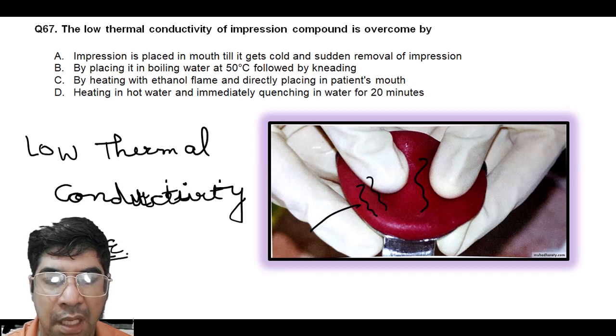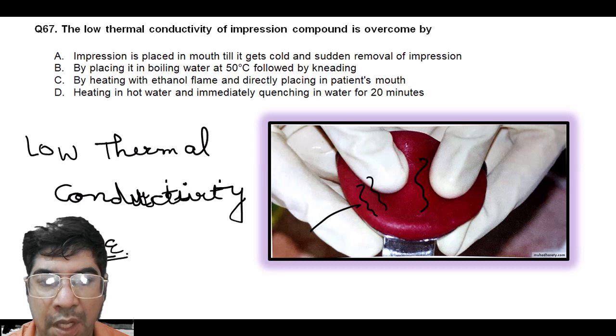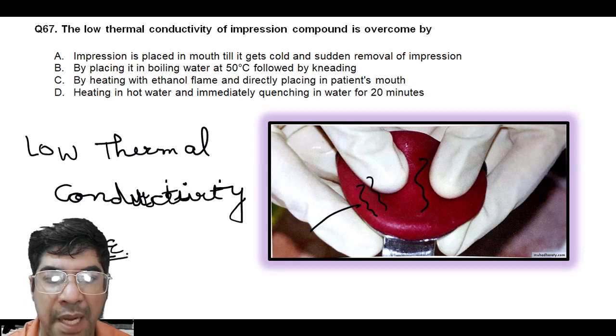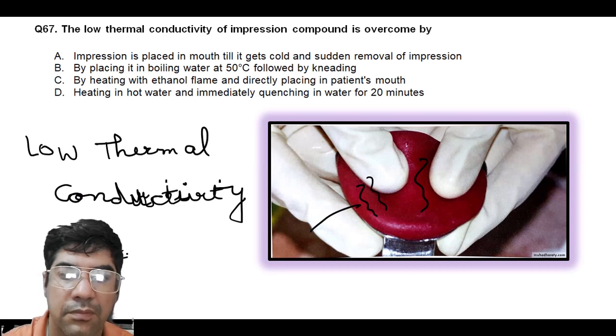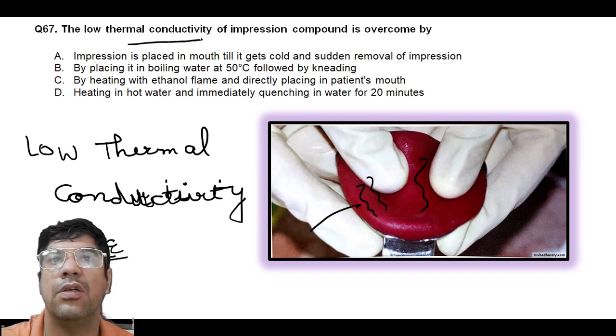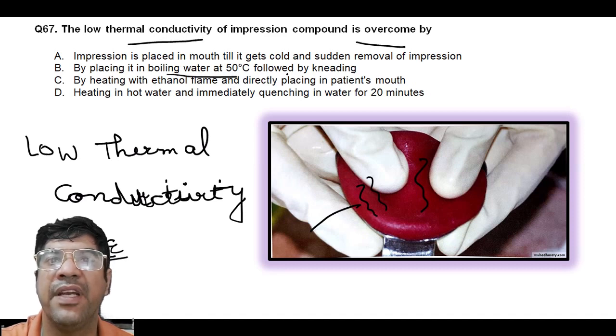So techniques like passing the impression over a flame or spraying cold water on the metal tray help to reduce the thermal distortion and minimize the overall contraction. The low thermal conductivity is overcome by placing in boiling water at 50 degrees Celsius followed by kneading.